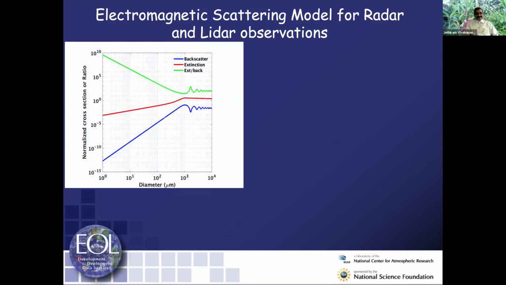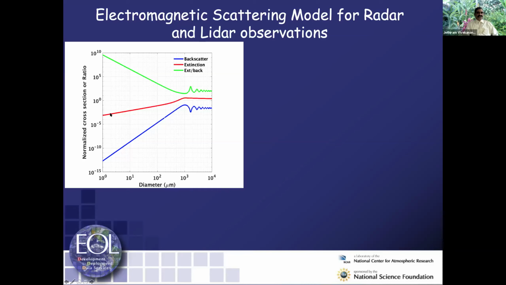This is the single droplet size on the x-axis, in micrometers, from 1 micron going up to about thousands of microns in this case. The blue curve shows the backscatter. You see Rayleigh scattering up to about 300 micron, above that it becomes Mie scattering. Then you see oscillations, more optical scattering like that.